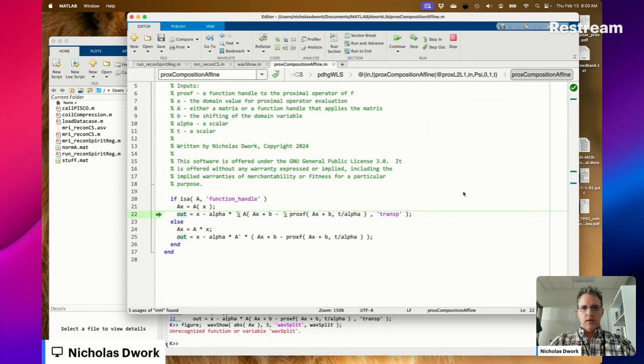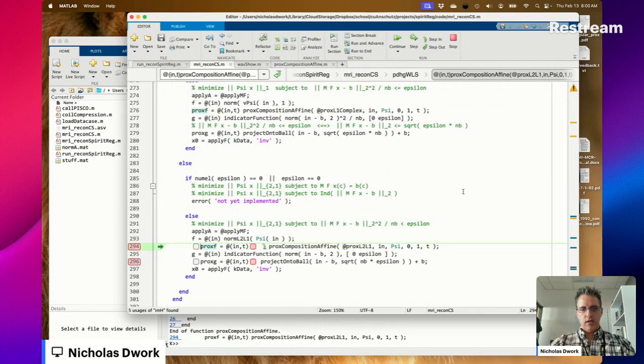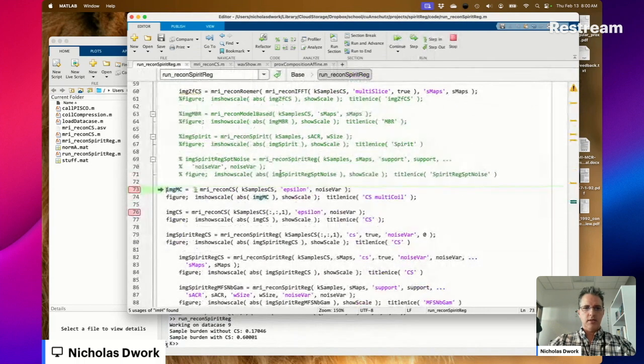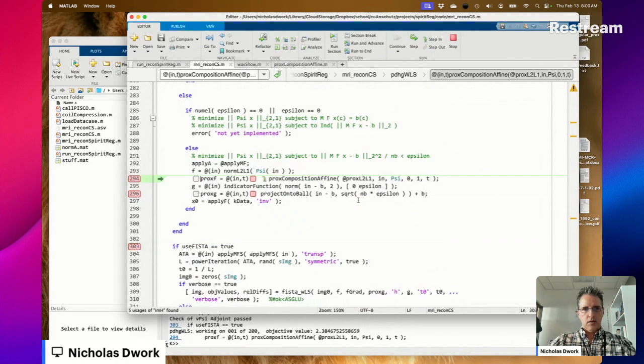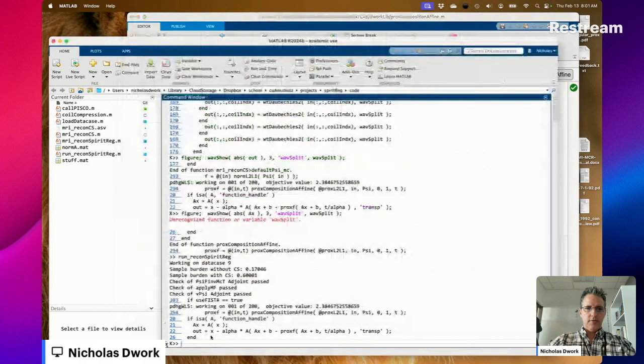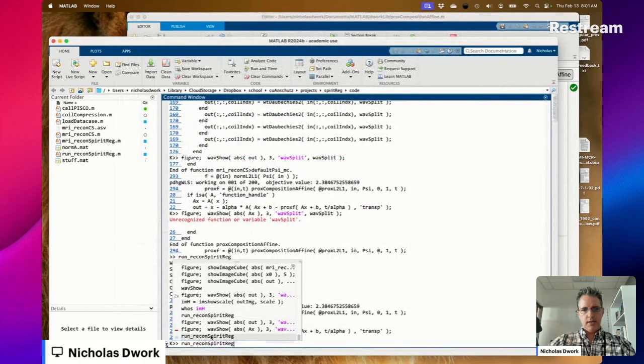Okay. So that should have done a shrinking operation. Would have liked to have seen what size out is. Yeah, 256 by 256 by 8.